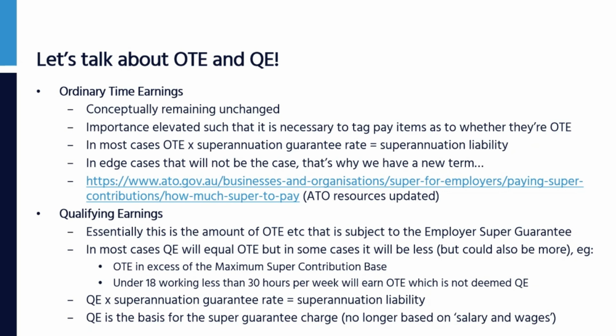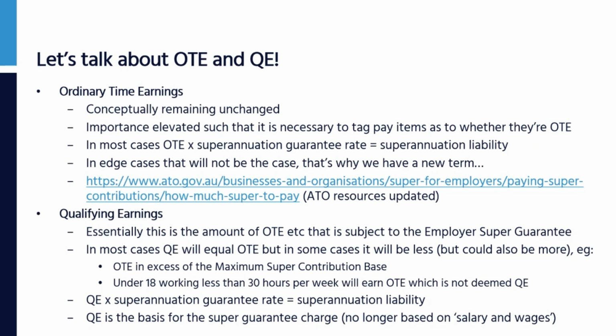So essentially what's going to be happening is the ATO will get us to report the qualifying earnings as part of our STP2 submissions, and if we don't meet the 7 business day requirement and the super guarantee charge gets levied, that is the information that they will use to work out what they call the shortfall, and hit us with the super guarantee charge accordingly and the penalties associated with that.